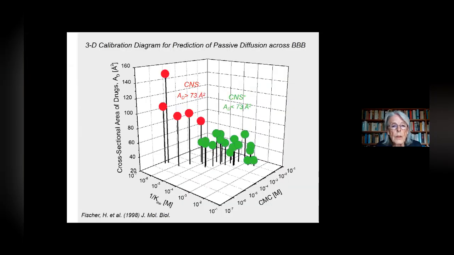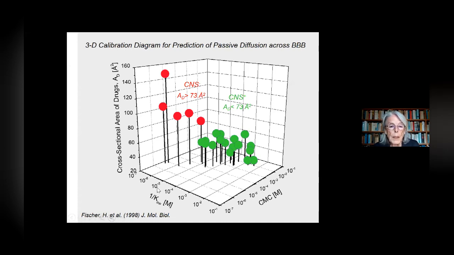Maybe I have one other slide. Yeah, this one. This is how I entered the field. This was together with Merck in Darmstadt. They wanted to know whether one can predict CNS compounds which penetrate into the brain or do not. They wanted to make antihistaminics which do not penetrate the brain.